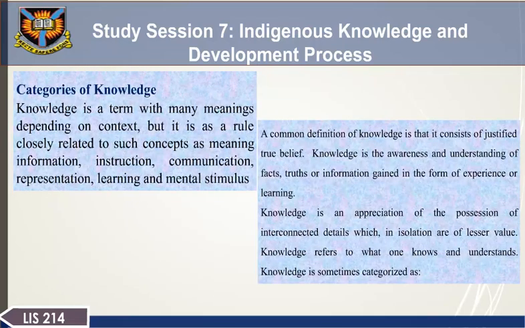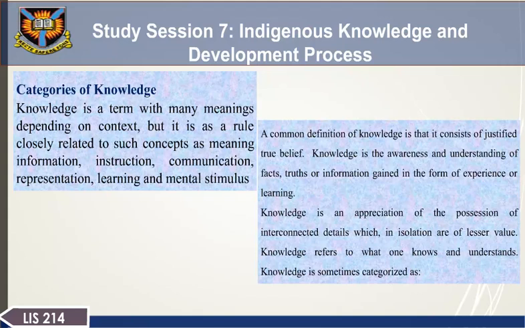Categories of knowledge. Knowledge is a term with many meanings depending on context, but it is, as a rule, closely related to such concepts as meaning, information, instruction, communication, representation, learning, and mental stimulus. A common definition of knowledge is that it consists of justified true belief.